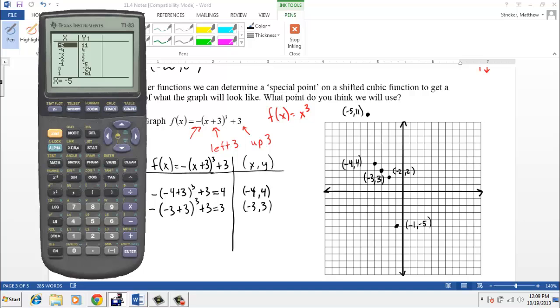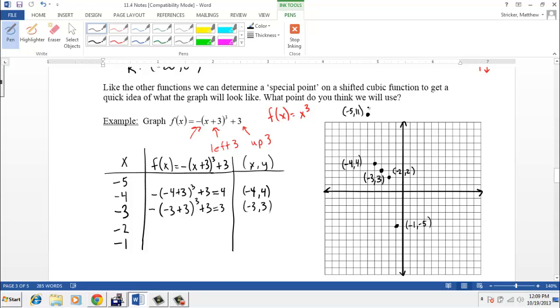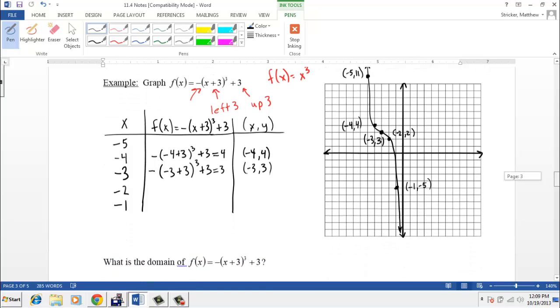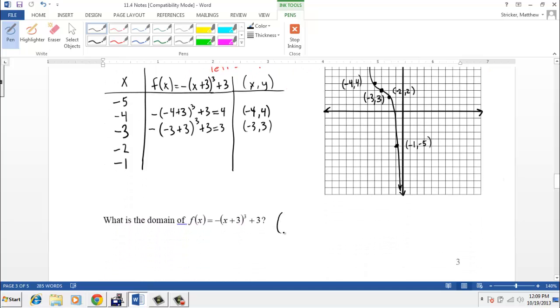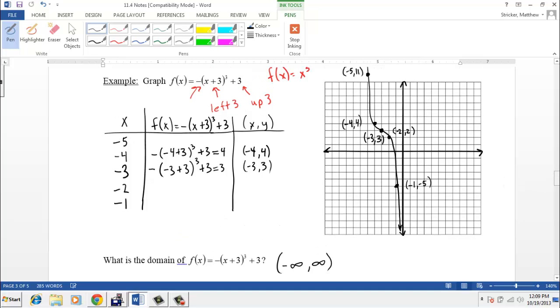And so that's enough to give us a nice picture of what this looks like. Hopefully that makes sense. And again, the domain can be anything. I can plug in any x value here. It's going to cover all my x's, this particular graph.